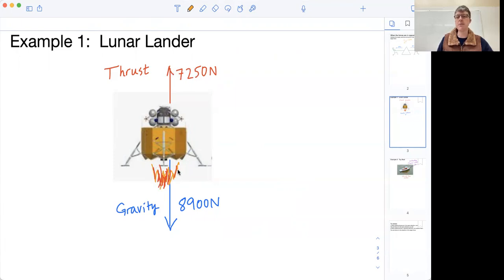And that has to do with Newton's third law, and I'm not going to go into it, but just briefly, for every action, there's an equal and opposite reaction. So what's happening is the Lunar Lander is spewing all sorts of burning gases out the bottom here. And the result of that is that there's a force upward on the object. It's kind of like when you want to go forward, you have to push the ground backward.